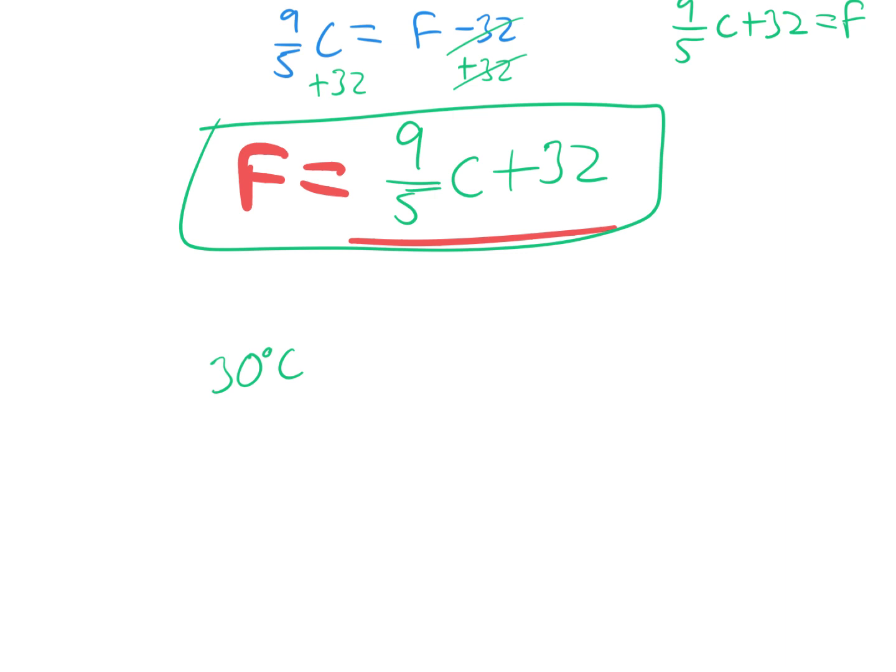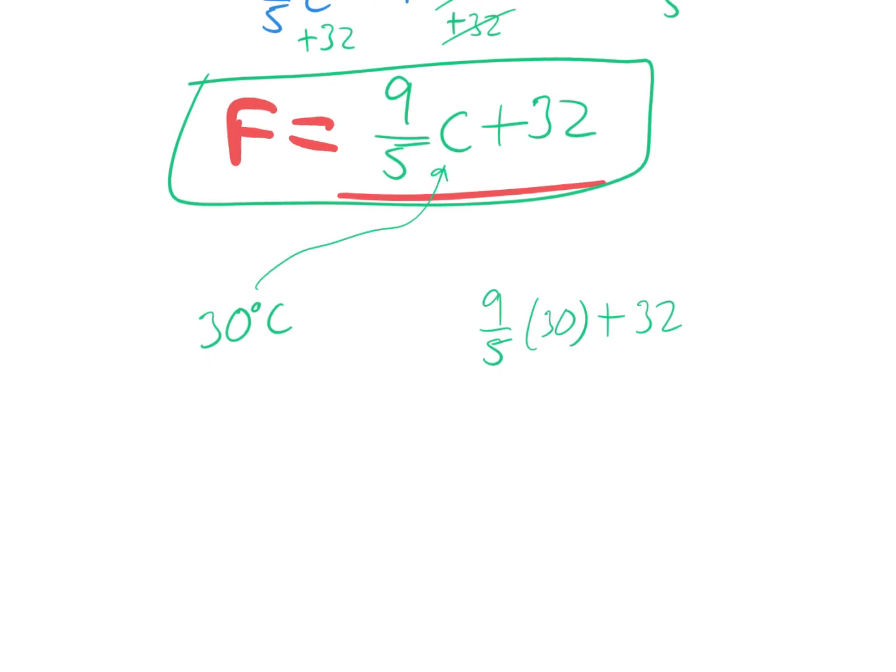So you would plug 30 degrees Celsius into this formula, and then you get 9 over 5 times 30 plus 32. And then you want to solve this.